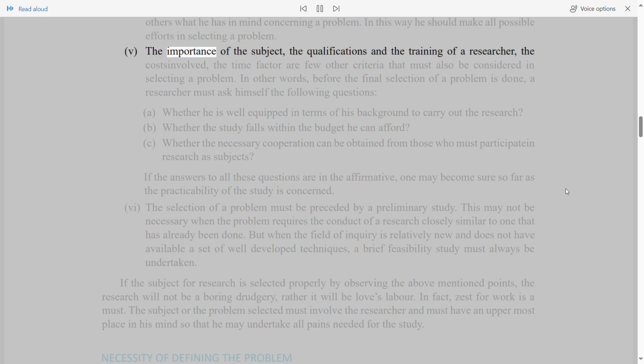5. The importance of the subject, the qualifications and the training of a researcher, the costs involved, the time factor are a few other criteria that must also be considered in selecting a problem. In other words, before the final selection of a problem is done, a researcher must ask himself the following questions. A. Whether he is well equipped in terms of his background to carry out the research.